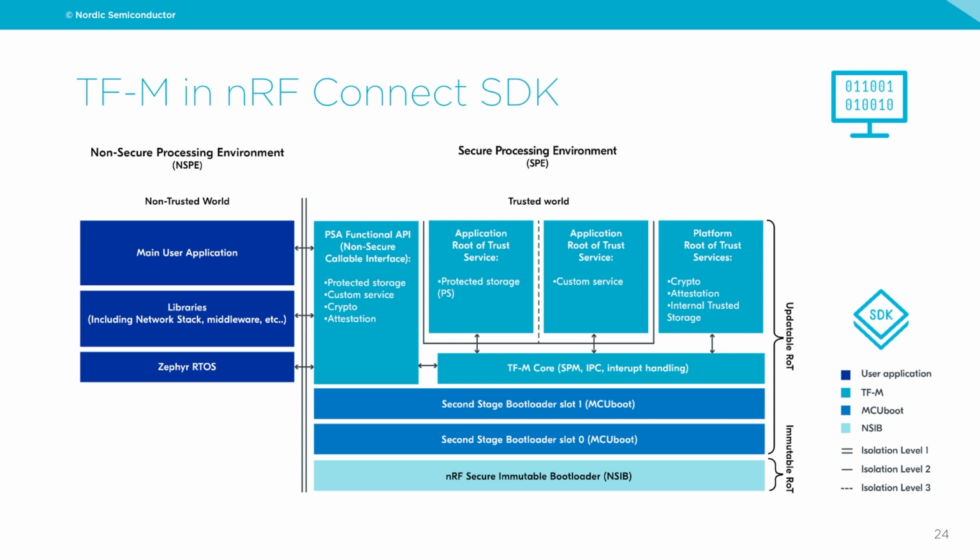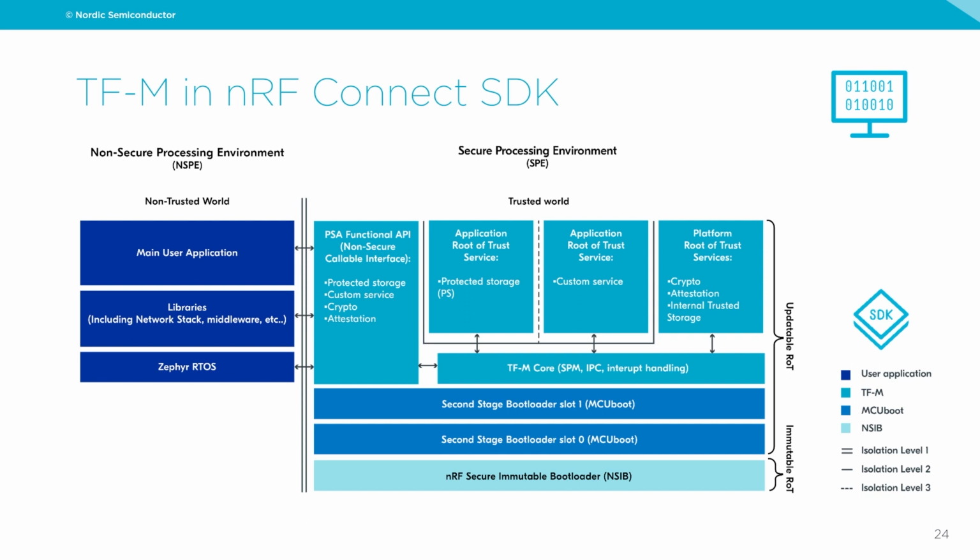Going a bit deeper into TF-M, here we have an overview of the functionality and the principles in TF-M, and also the entire architecture of applications implementing TF-M in the nRF Connect SDK.